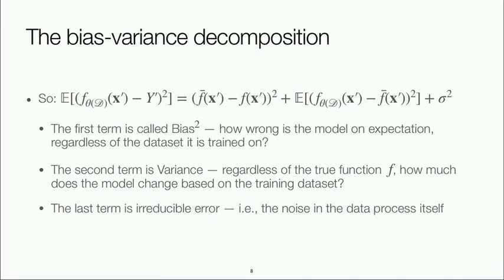A useful thing to try to do on your own: think back to that picture from lecture 1 with the different bullseyes and try to understand why that is the intuitive picture behind these quantities, bias and variance, okay? So remember, the picture for bias was that all of your shots are way far away from the bullseye, right? So that's kind of like a systematic, how wrong are you, even if you have the data that you need, right?